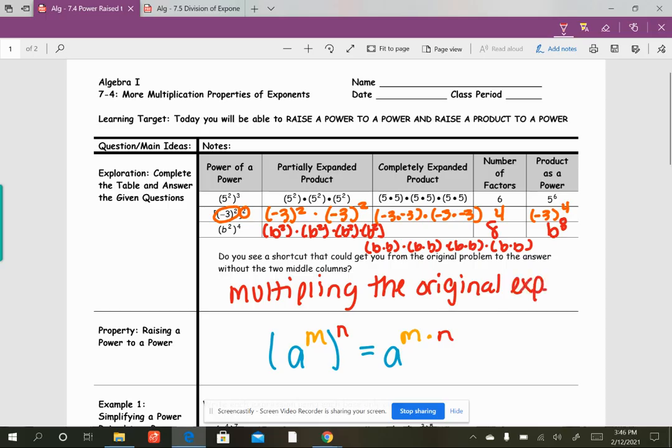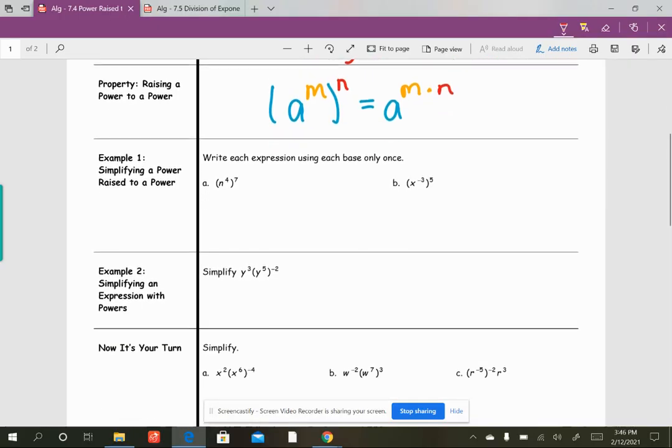Which in turn looks like a to the m in parentheses, and we're raising it to another power, which is n. So it ends up being a to the m times n. So this is where you're going to have to learn the distinction between if we are multiplying variables, if we are adding them.